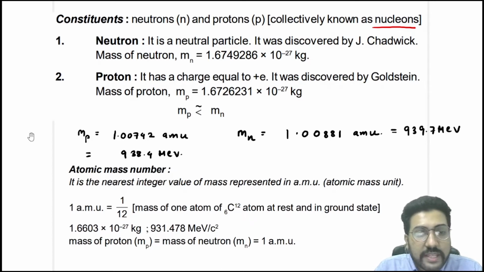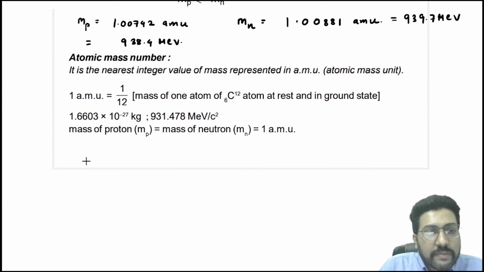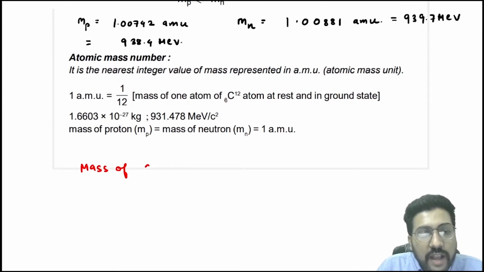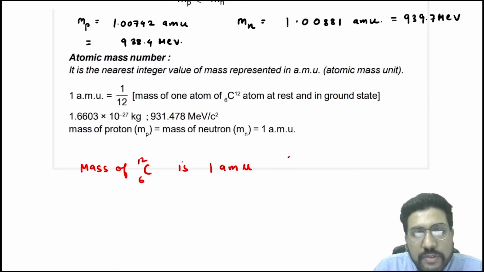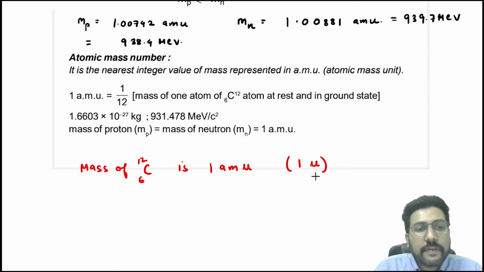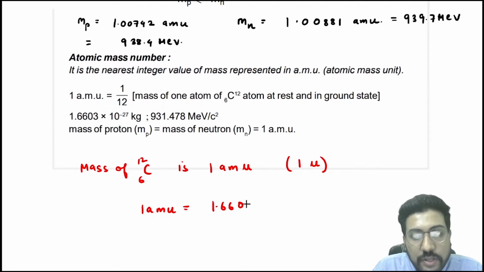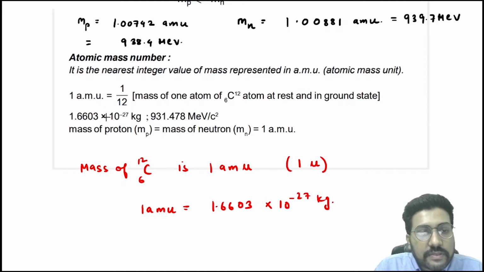So that means the mass of a carbon atom C-12 is 12 AMU, and sometimes this AMU is also written as u. Now 1 AMU in terms of kg is 1.6603 × 10^-27 kg.